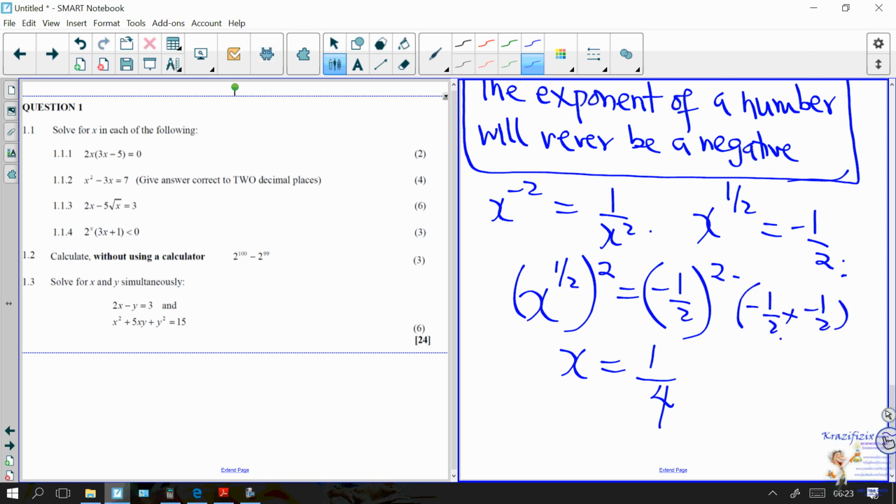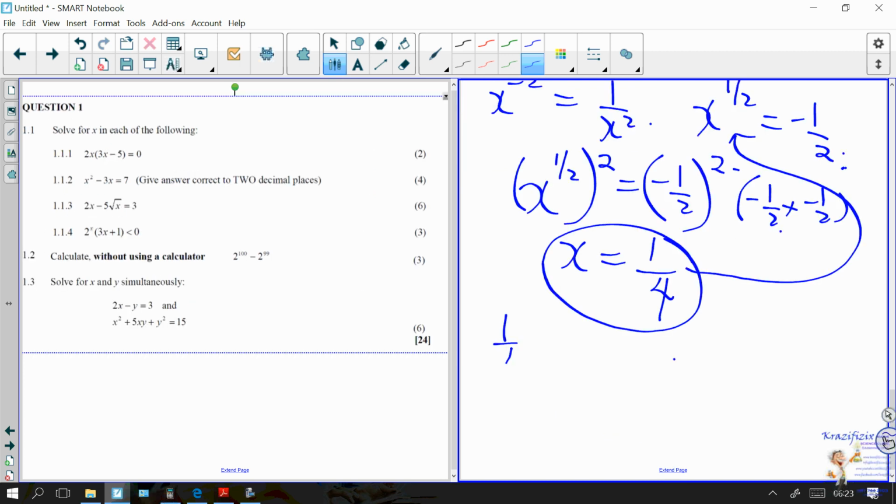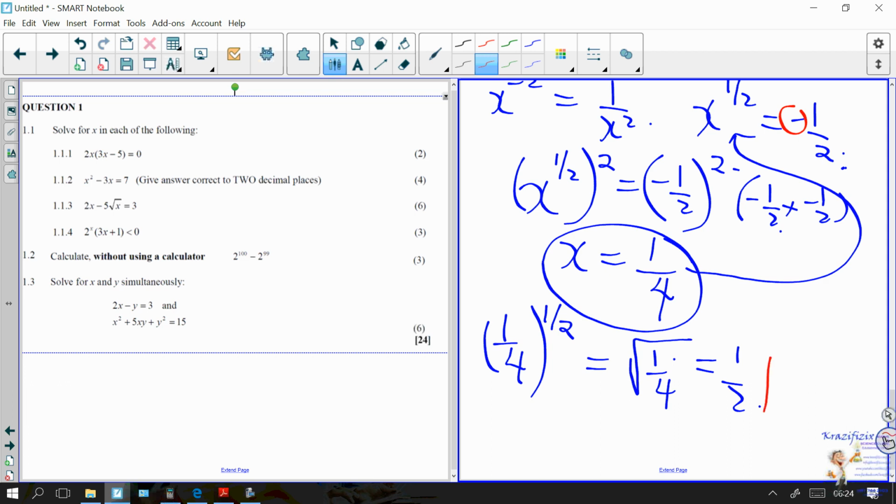Now, if you take this back into this, let's go check. X equals to 1 over 4. So let's see if we are going to get this answer here. 1 over 4 half. That actually means the square root of 1 over 4, which is 1 over 2. Do you see that we have a problem? My negative is missing. So the exponent of a number will not give you a negative. So there is no solution to that factor there.